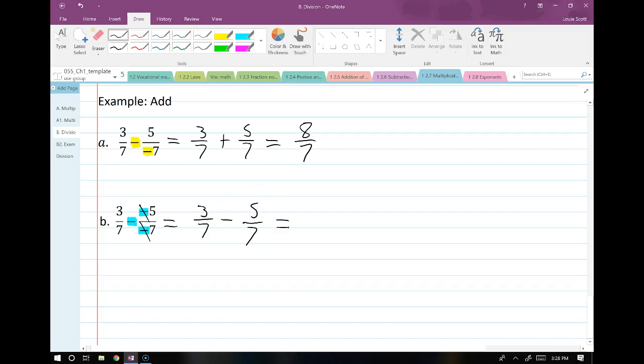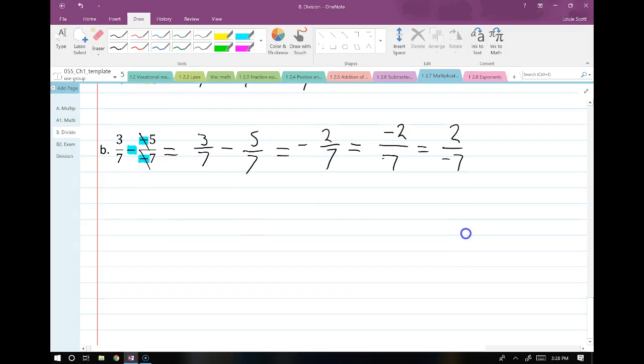What does that give us? Negative 2/7, which we could write like that, or we could write it like this if we prefer, or, whoops, careful, or we could write it like this. Any way is fine. Personally, I prefer it with a negative sign out front, but I'm a weird person.